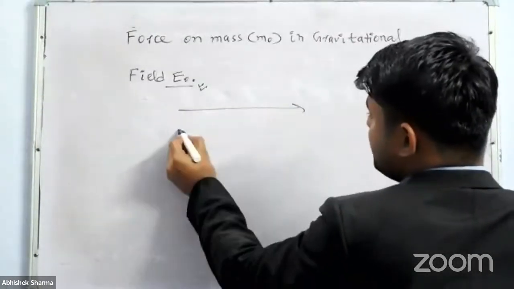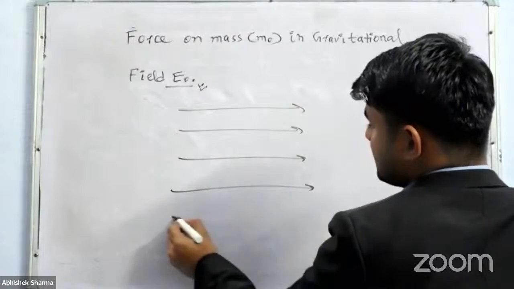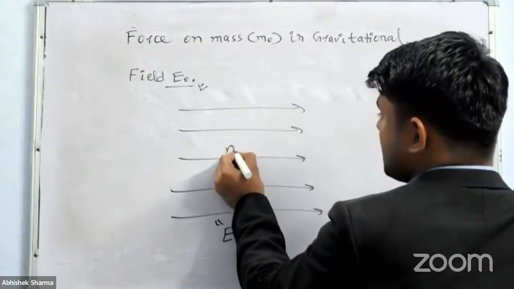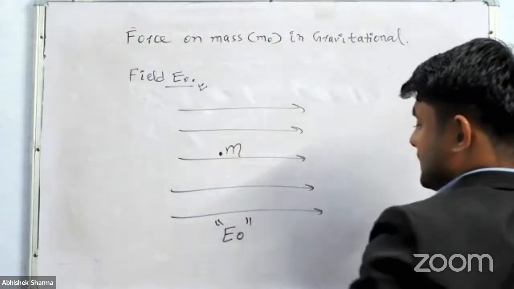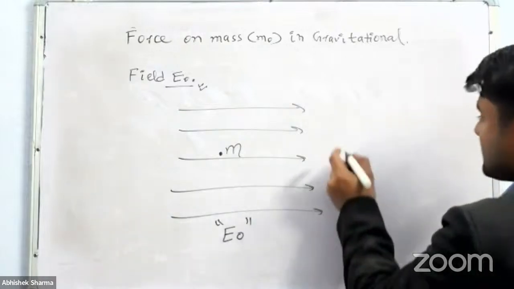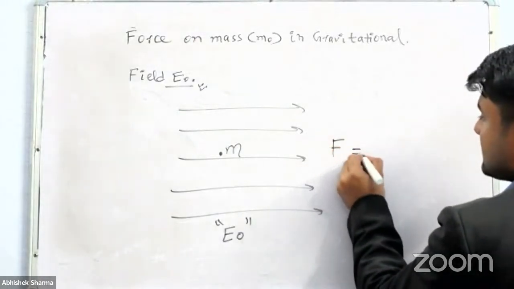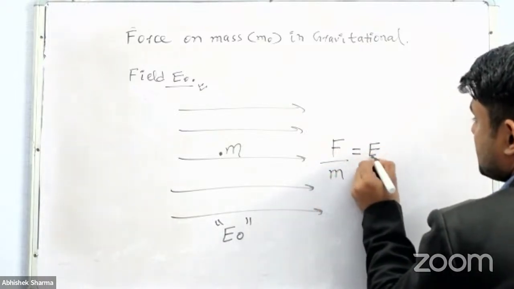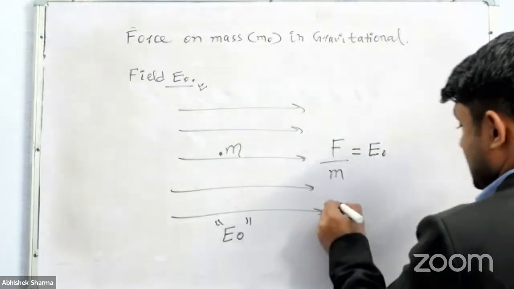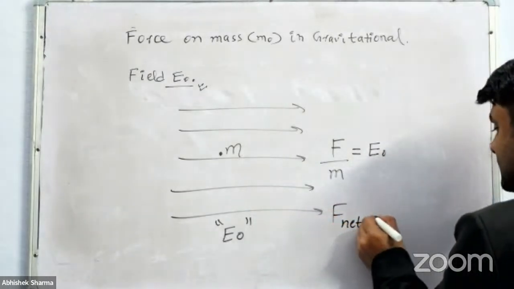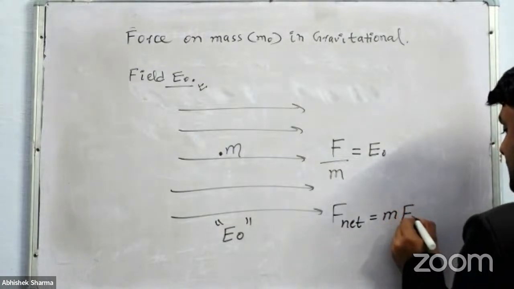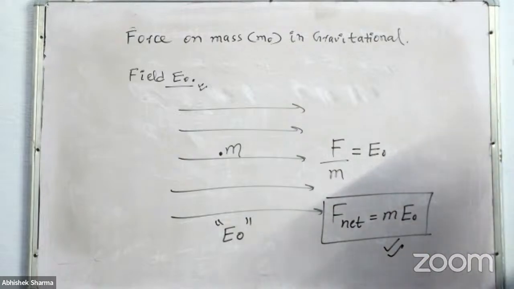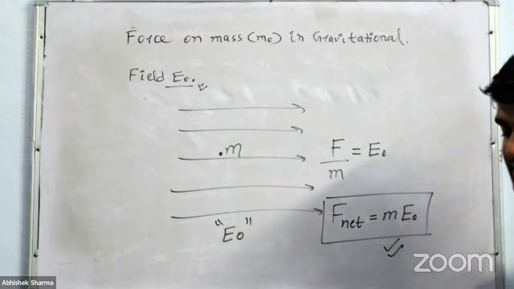Suppose you're having a gravitational field intensity, something as E naught like this, and you're having a mass M like this. So if you need to find the force on this, force upon mass is equal to M E naught. So the net force will be M E. Very easy. You just have to reverse the formula, then you get the answer.